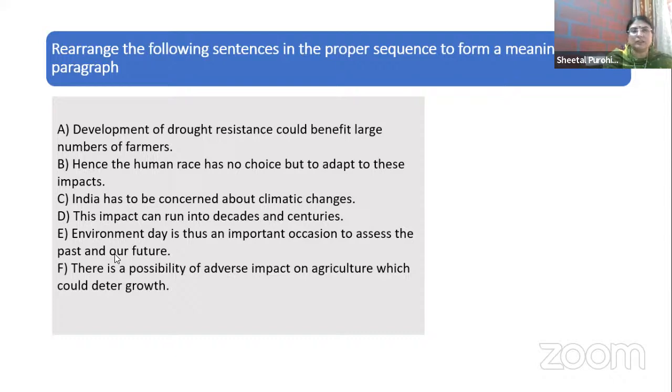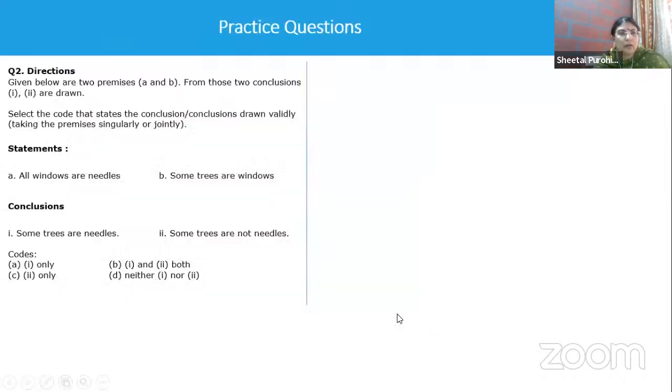Clear? Now the next type of questions which can come in your exam is about statement and conclusion.